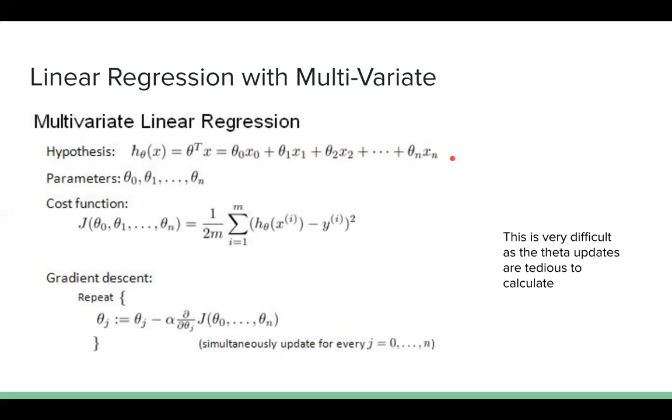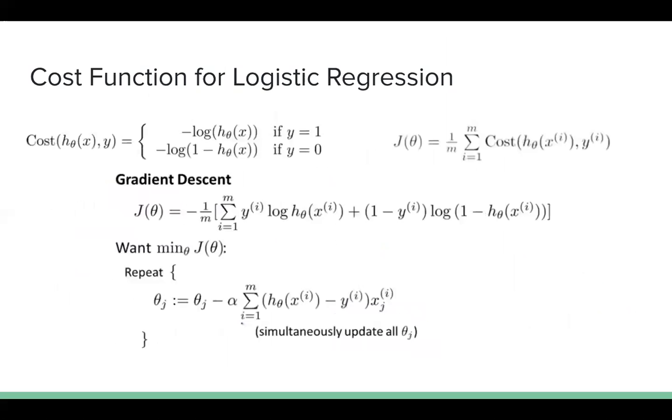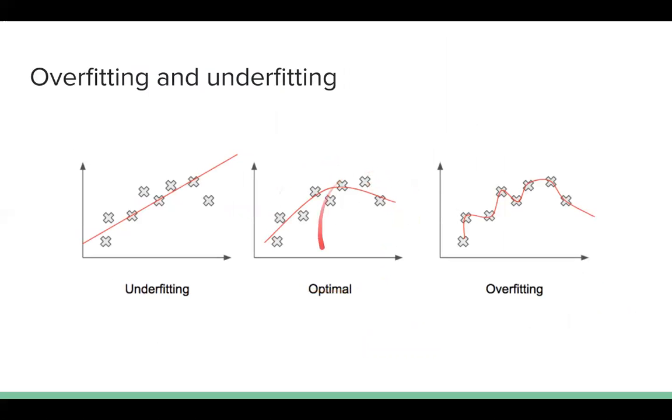The equation becomes complex because we are trying to fit a better curve than a simple straight line. Fitting a curve by considering more features gives you a better mean squared error. That is our middle case, which is optimal.